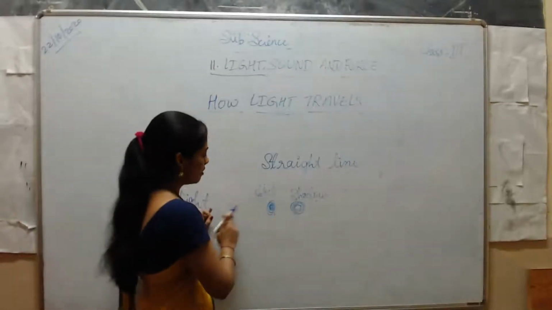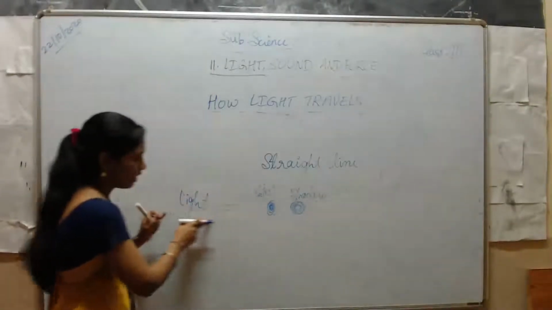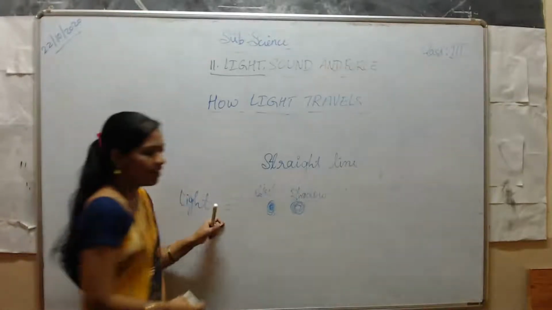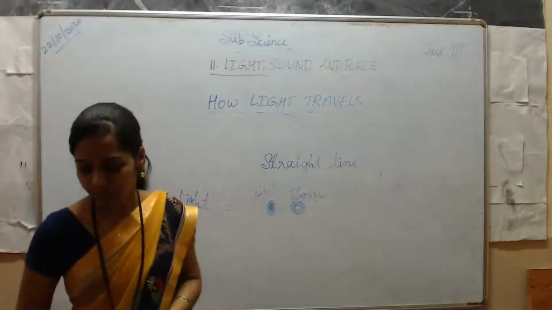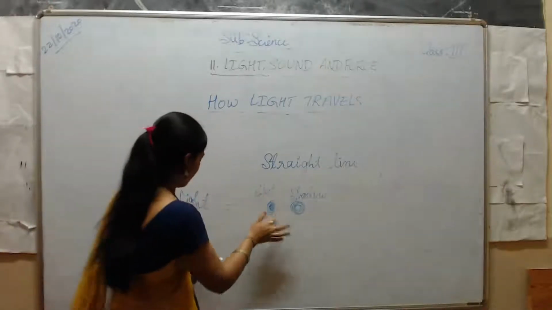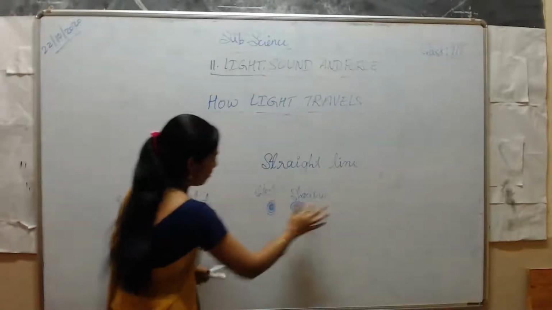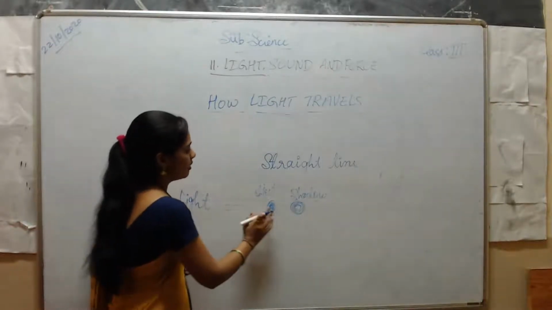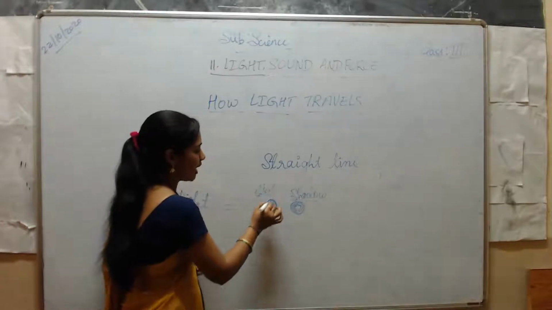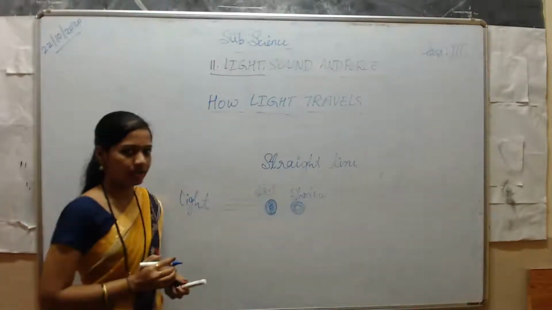How does a shadow form? When the light travels in a straight line, if any object comes in the way of the light, then that object's shadow is formed, right?